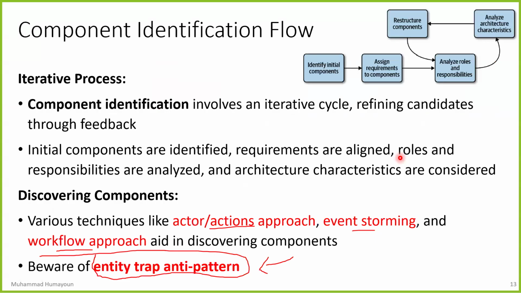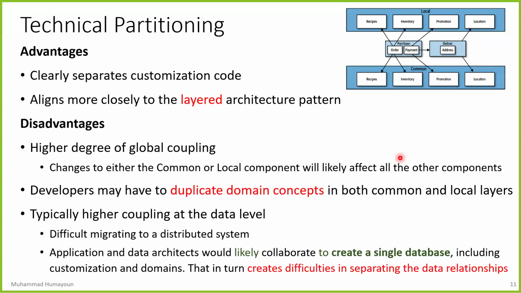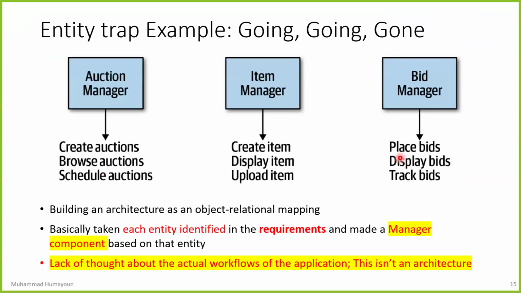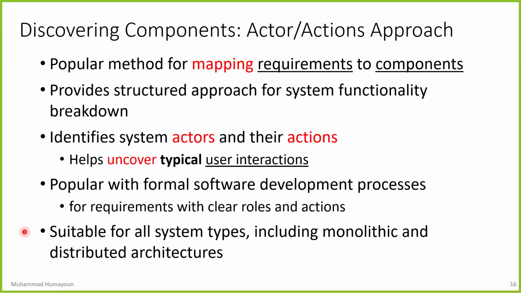So how should you do it? Here you see that when we did this for technical partitioning, it was not like that. There are three techniques as we discussed: the actor action approach, event storming, and the workflow approach. The actor action approach is the first one we will talk about.